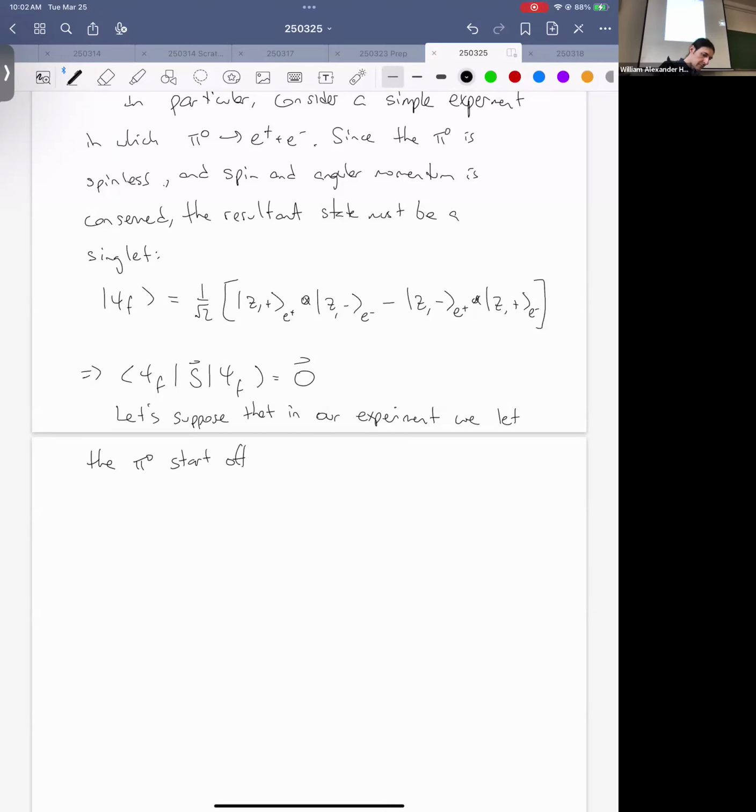And we allow the E plus and E minus to fly off in opposite directions for an arbitrarily long amount of time.